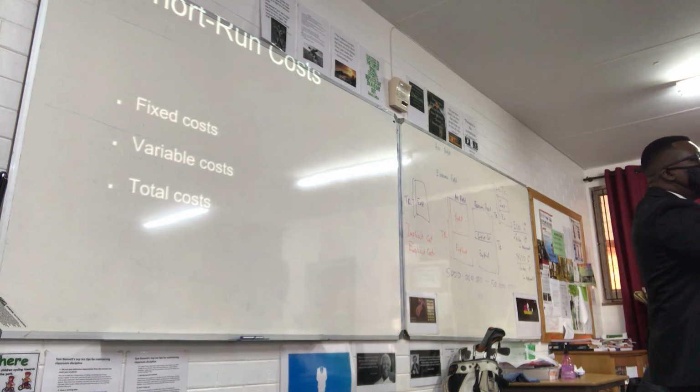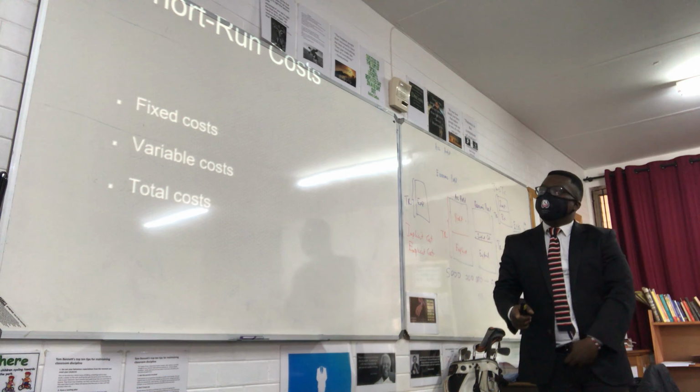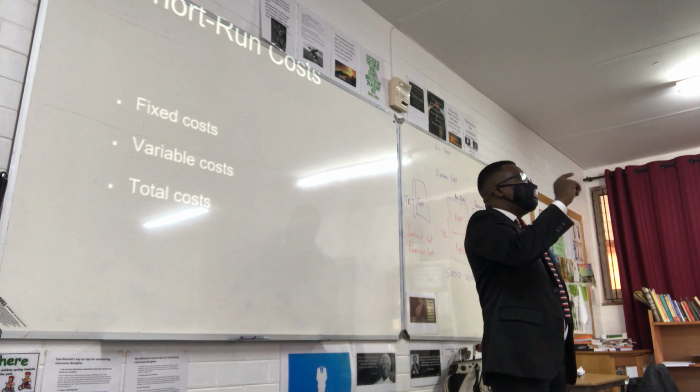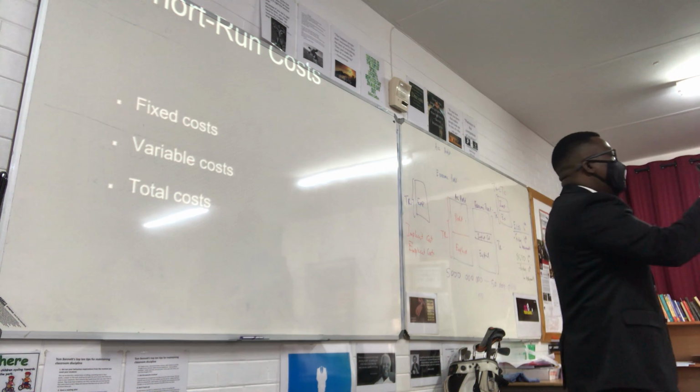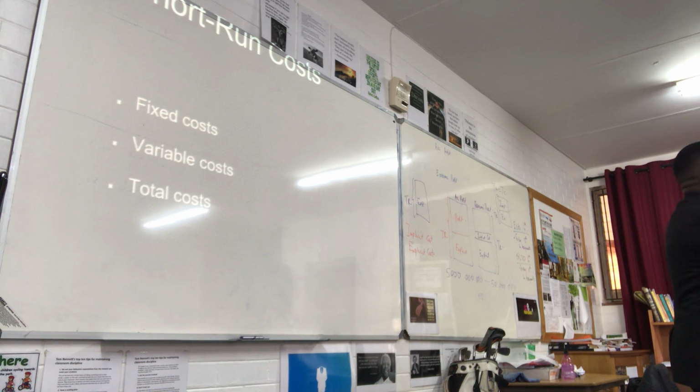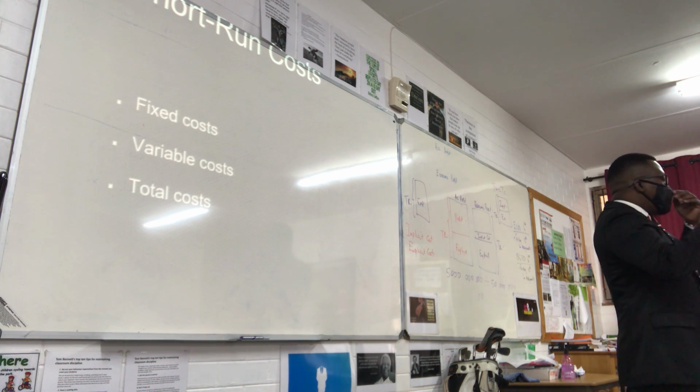So would labor be a variable cost, but salary is a fixed cost? 100%, okay? But I don't want you to get too confused about it. So labor could be a variable cost because the more you're producing, the more people you need to bring in.